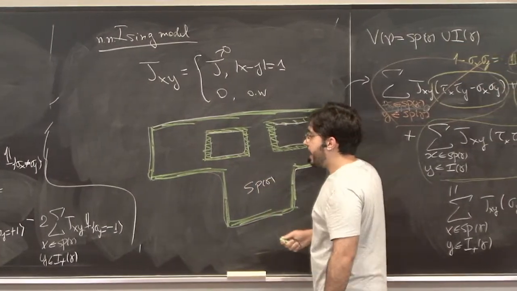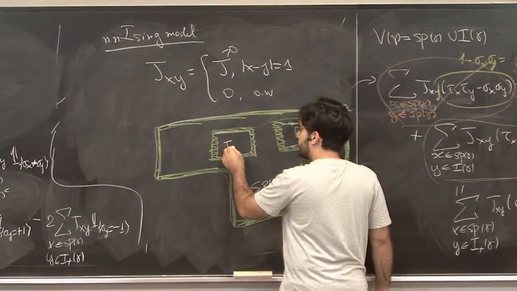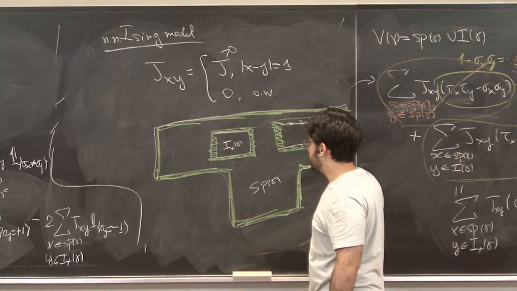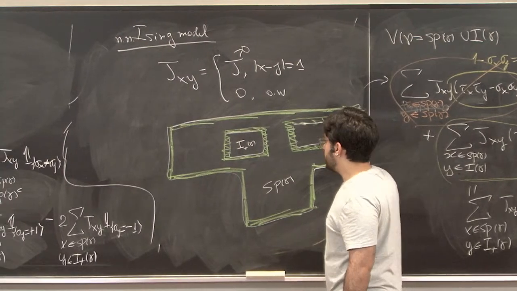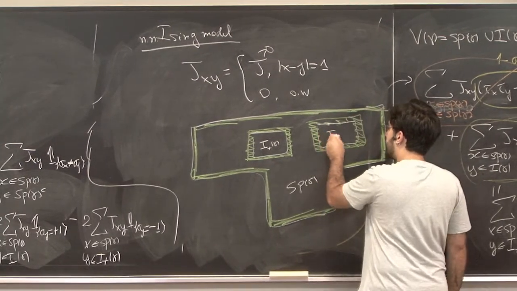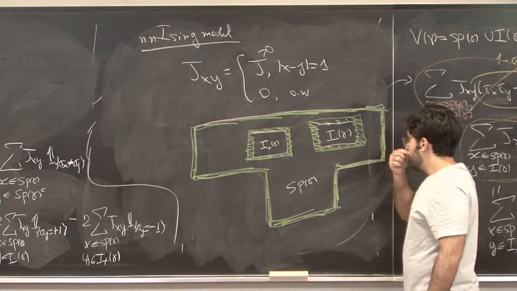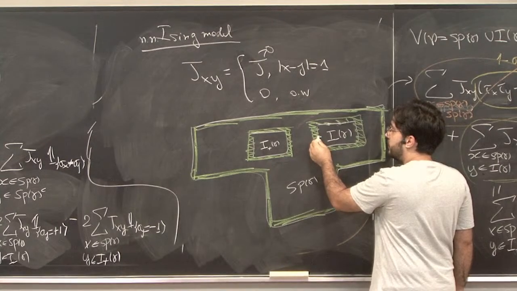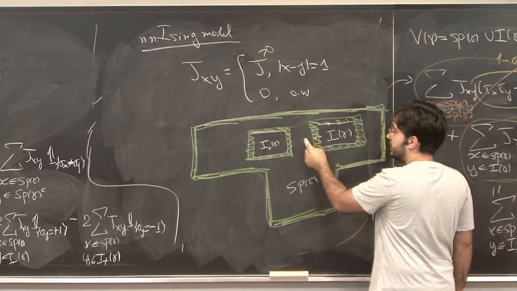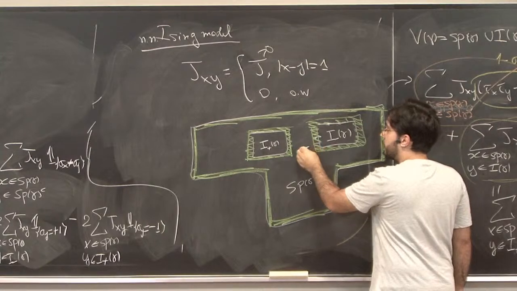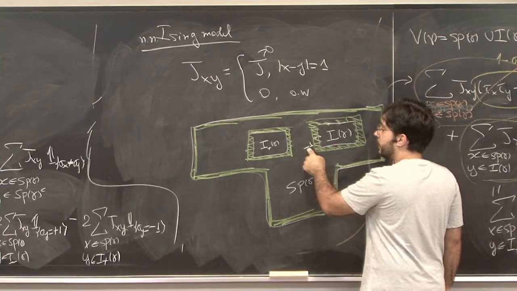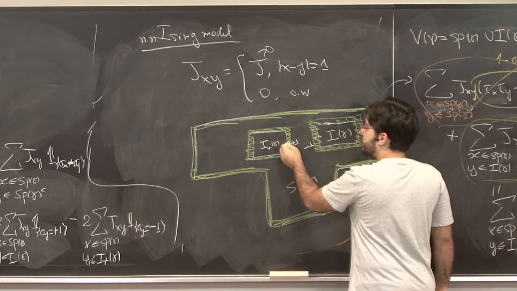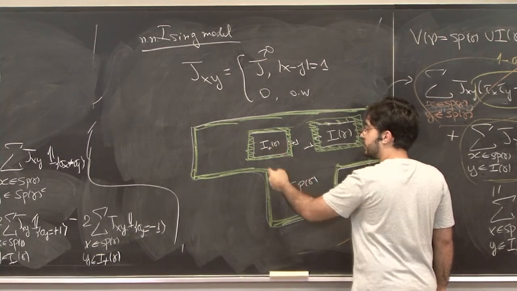So if this is the plus interior and this is the minus interior, right outside the boundary of the interior this will have a minus 1 sign, and here I have a plus 1 sign, right outside this set.